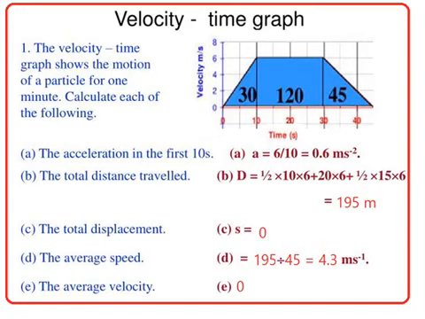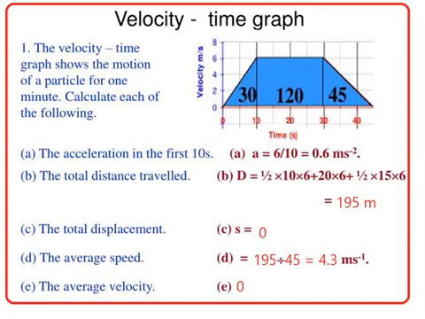Then question B, the total distance traveled by the body. The total distance traveled from 0 seconds till 40 seconds. What is the distance traveled? Now this figure can be divided into 3 figures. The first figure is a triangle, the middle figure is a rectangle, and the last figure again is a triangle.